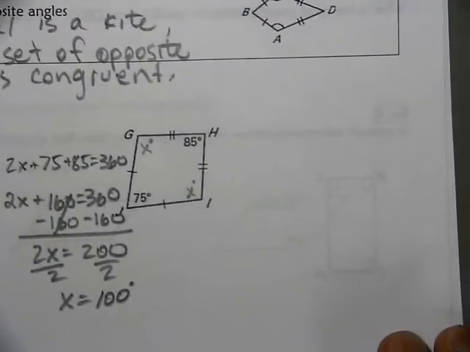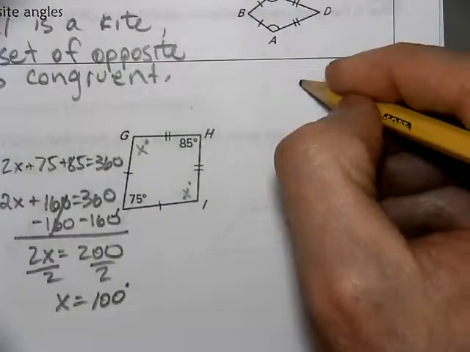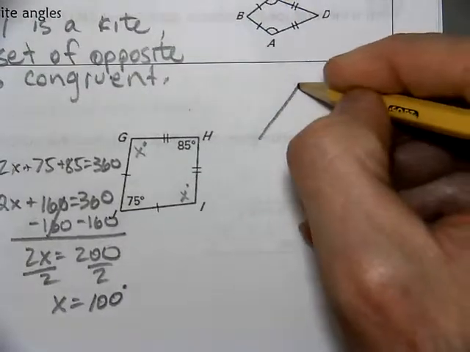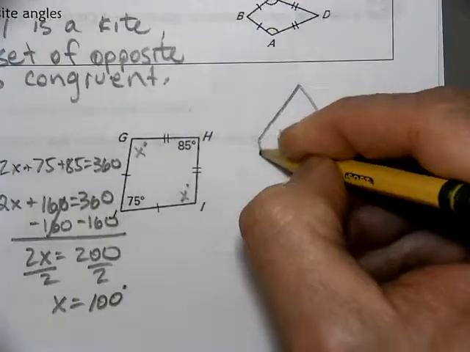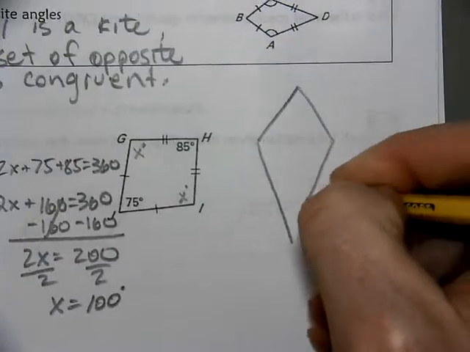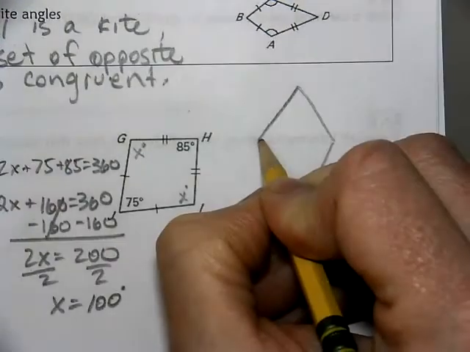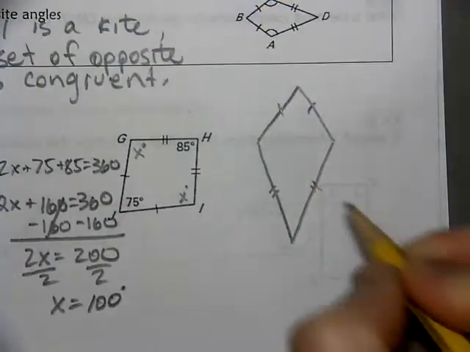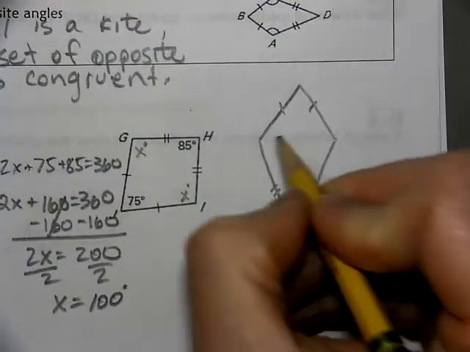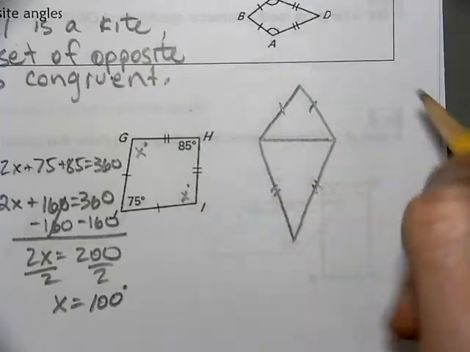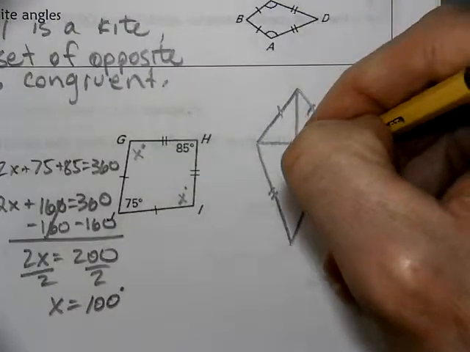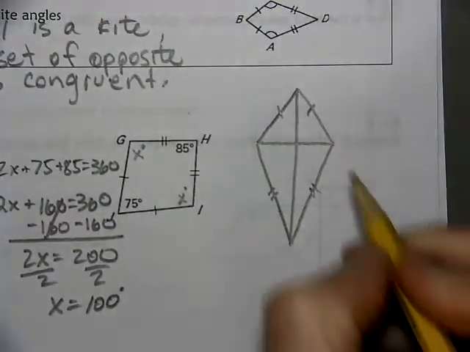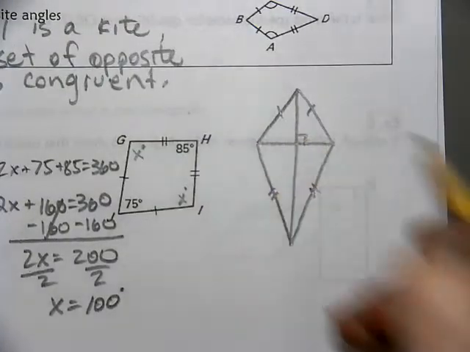There's one more example I want to show you. If you have a kite, and there are consecutive sides that are congruent, that makes it definitely a kite. We're going to look at the diagonals. So we know the diagonals are perpendicular.